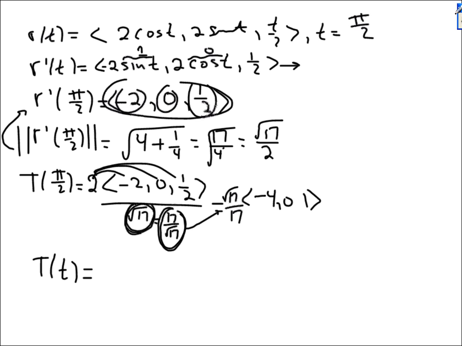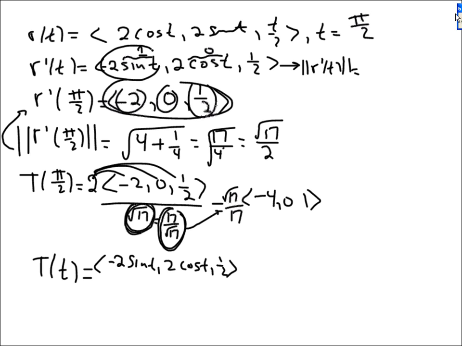It is negative 2 sine t, 2 cosine t, 1/2, divided by the length. And the length of r prime of t, well, when you square this, you'll get 4 sine squared t, and you square that, you'll get 4 cosine squared t.